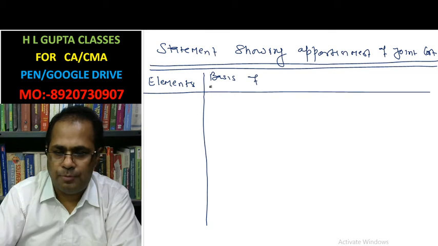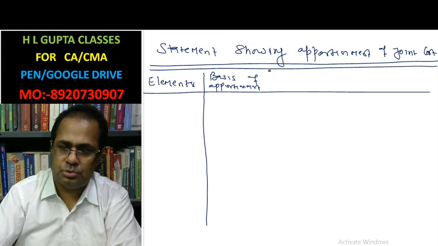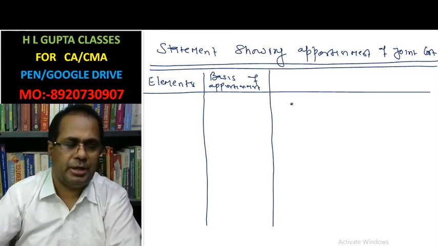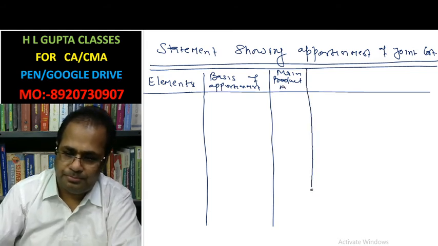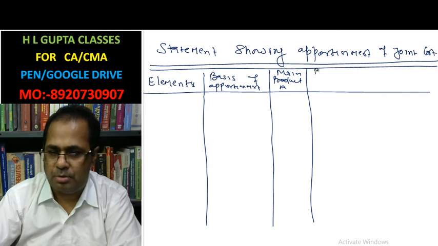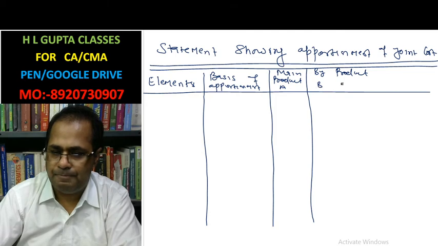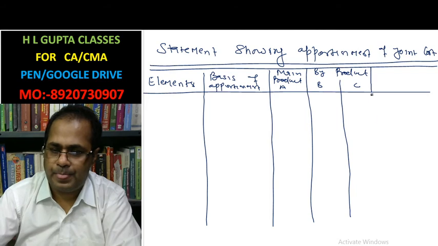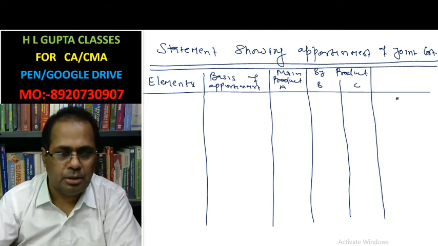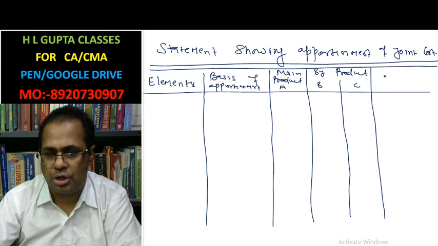Here the main product is A, the byproducts are B and C, and this is your total.